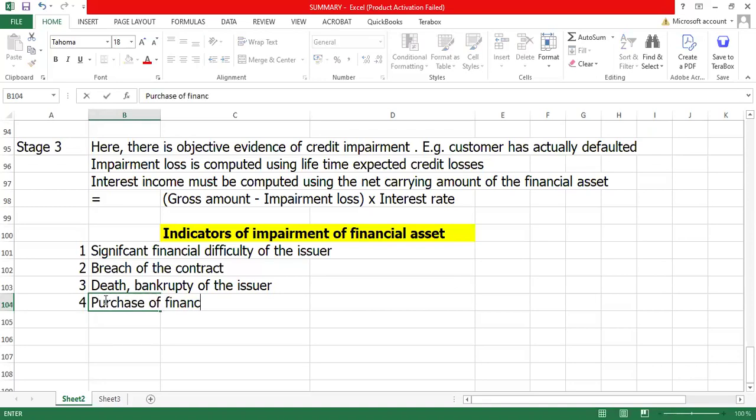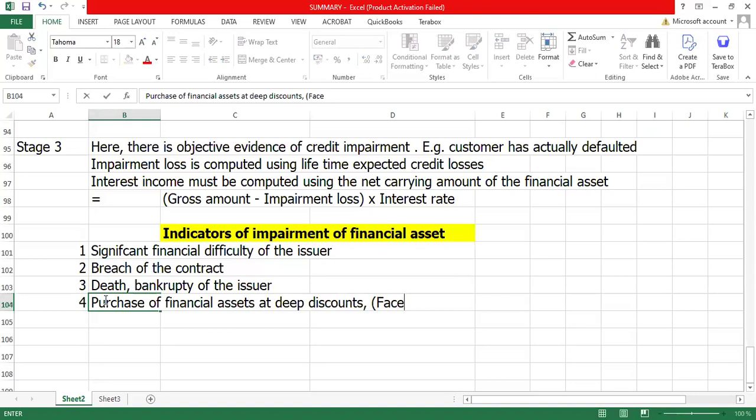Purchase of financial assets at a deep discount. It's also something which is not good.